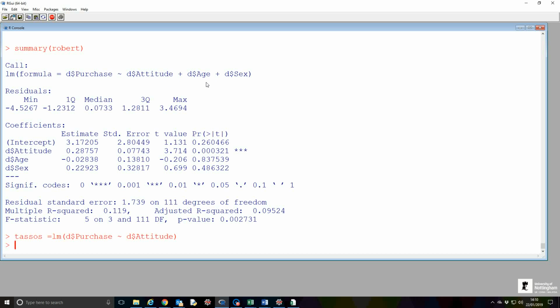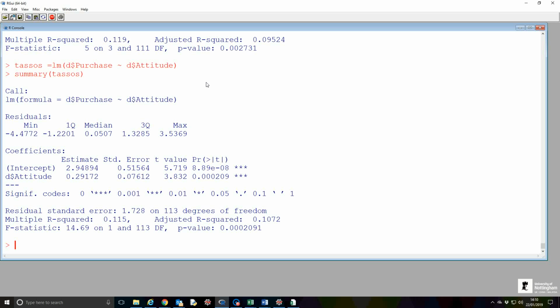Now we can compare the two models. Here we look at only the attitude, and we see that the intercept is also significant. So indeed, attitude explains certain variance, but there is an error term, a part of unexplained variance. We see the multiple R squared is 11.5, so the other two variables only added 0.004 of explained variance.